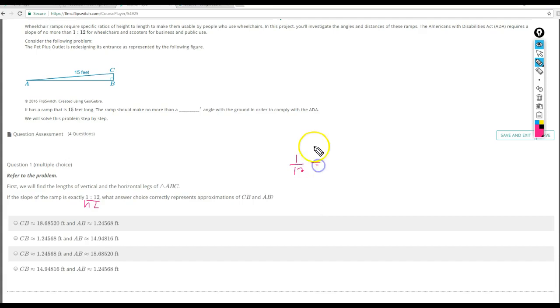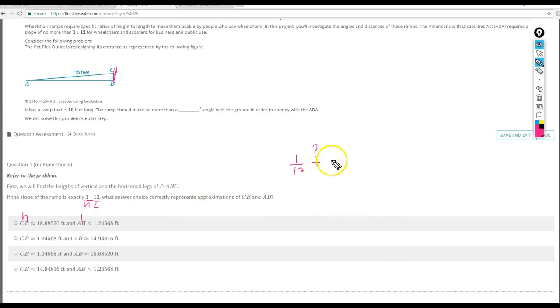And I'm going to check, does that equal what they're giving me? The first one says CB is approximately 18.6852 feet. CB would be considered the height, so I'm going to mentally note that this is the height and AB is the length.